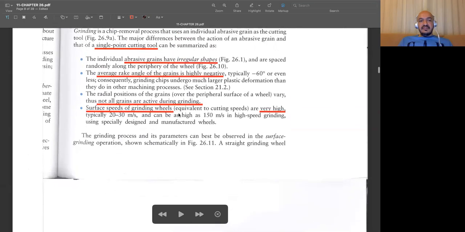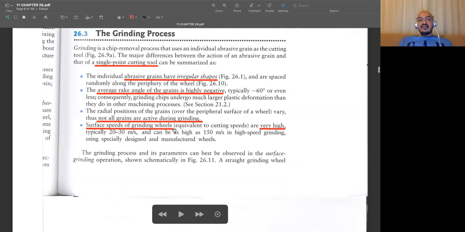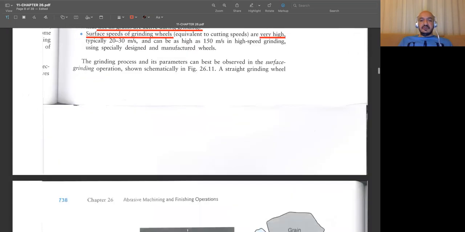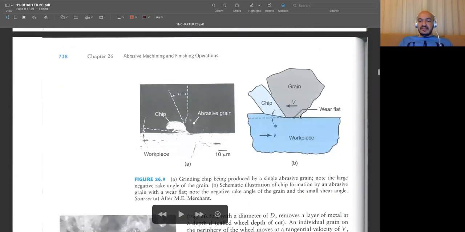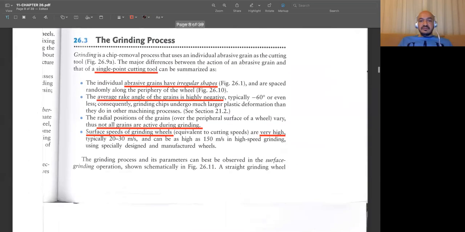Another thing with respect to single point cutting tools is that the surface speeds or cutting speeds in grinding wheels are quite higher compared to other machining operations. You can see a typical sketch here. This is our grain, and you can see that we have a high negative rake angle, and we have a little shear angle phi. So it is quite difficult to remove material. We have more plastic deformation compared to the other machining processes.